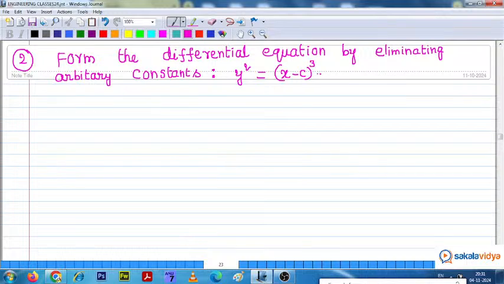Okay, so let me read the question once again. All of you read the question carefully and look at the screen. Try to solve this problem.